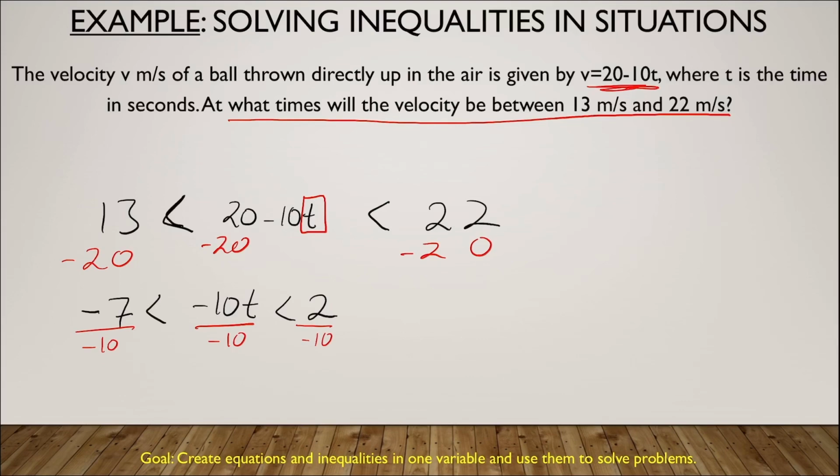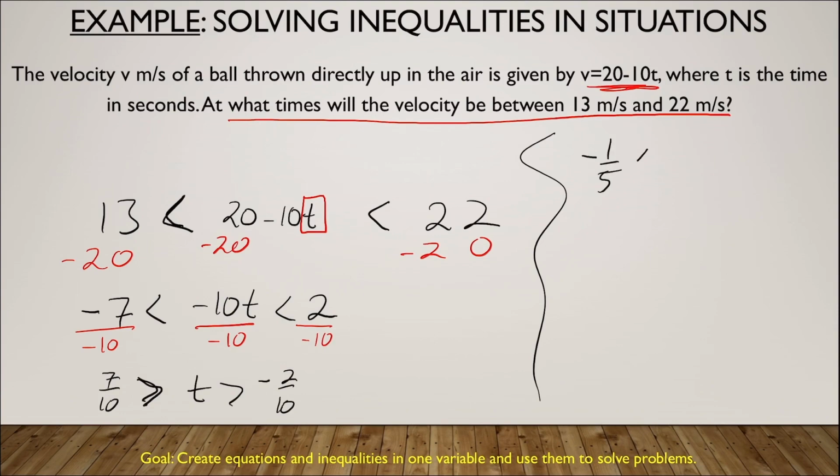But notice I'm dividing by a negative, so I get positive 7/10, and my inequality is going to change: 7/10 is greater than t, which is greater than negative 2/10. So we're going to rewrite this, and I'm going to simplify. Negative 2/10 simplifies to negative 1/5 is less than t, which is less than 7/10.